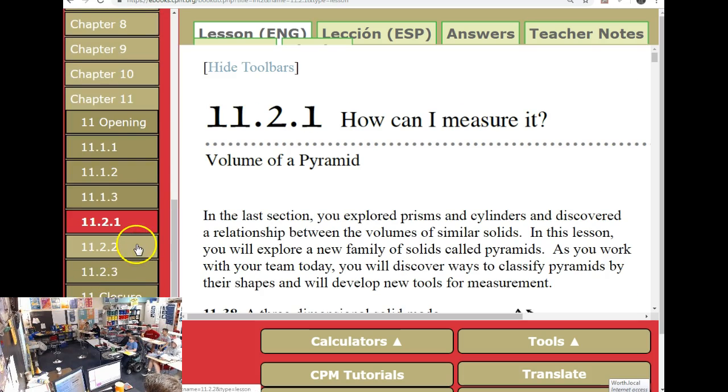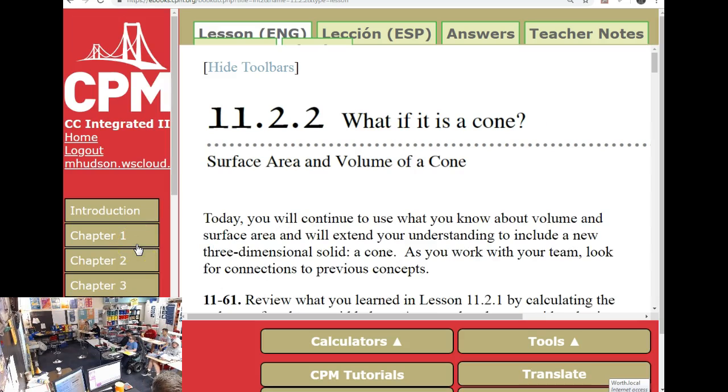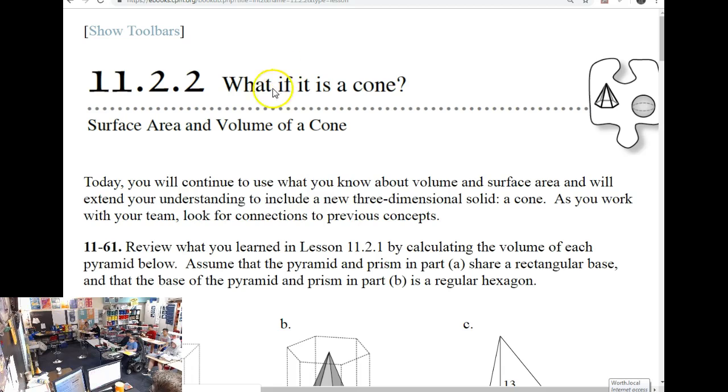I want to know what we want to do. No, this is me asking, do we need to review any of this? Would anyone like to review some of this stuff to gain more confidence before we get there? So this might be useful, 11.2.2 for surface area and volume of cones and pyramids.